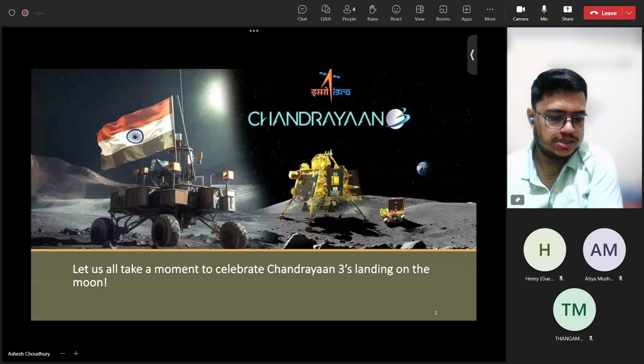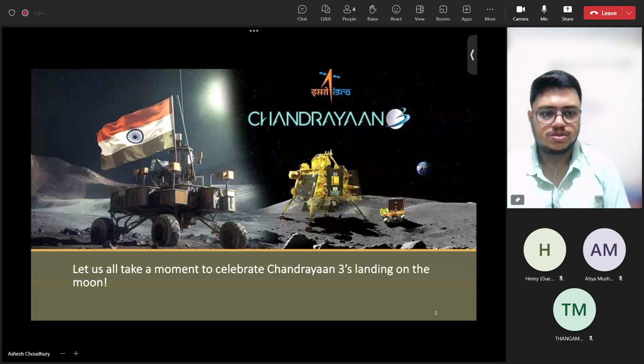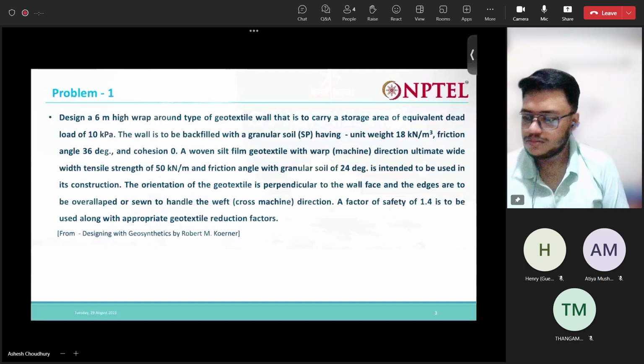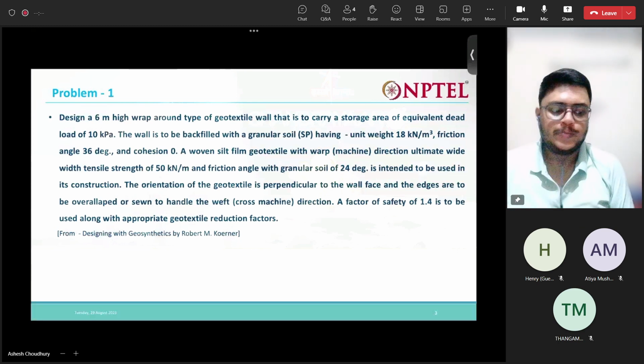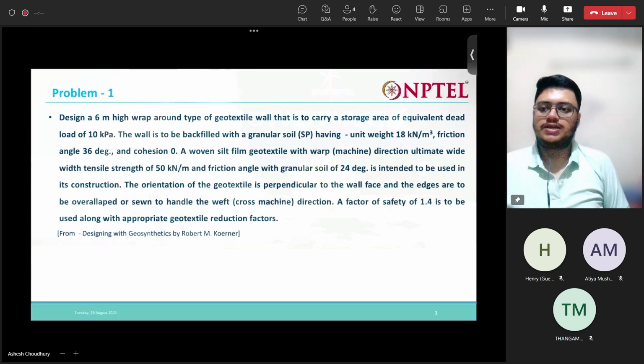Let us see the first question. The first question is: design a 6-meter high wraparound type of geotextile wall that is to carry a storage area of equivalent dead load of 10 kPa.